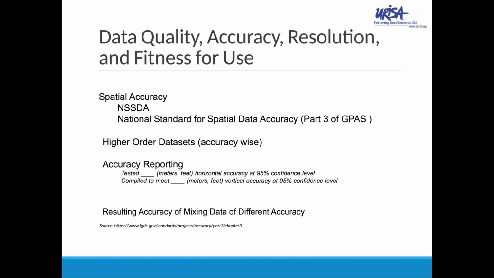The concept of a higher order data set is important when measuring accuracy. When you're measuring accuracy, we always have to have some measure, some base point milestone to measure against to know how different we are from that other source.